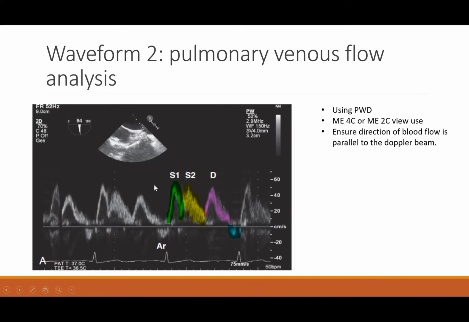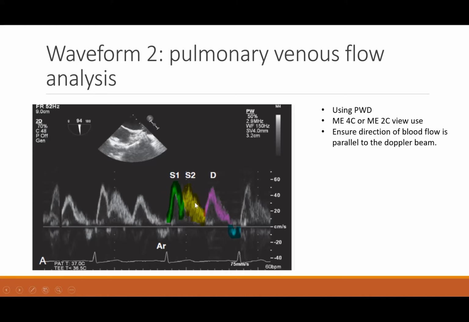In this figure we can see the waveforms in the pulmonary venous flow analysis. This is flow from the pulmonary vein to the left atrium. The flow occurs in both systole and diastole into the left atrium from the pulmonary vein.